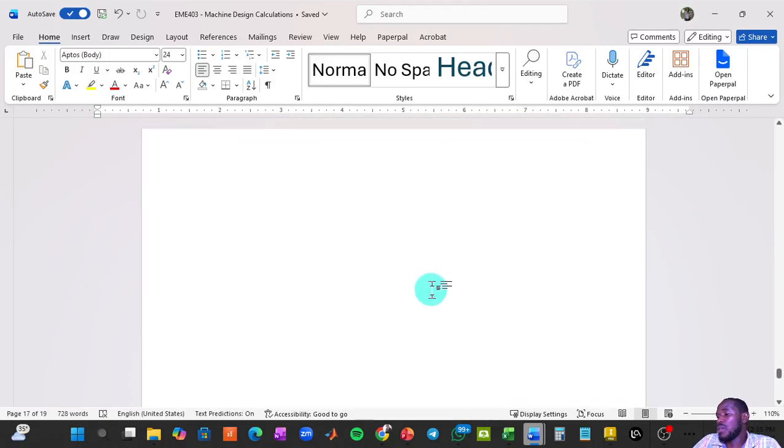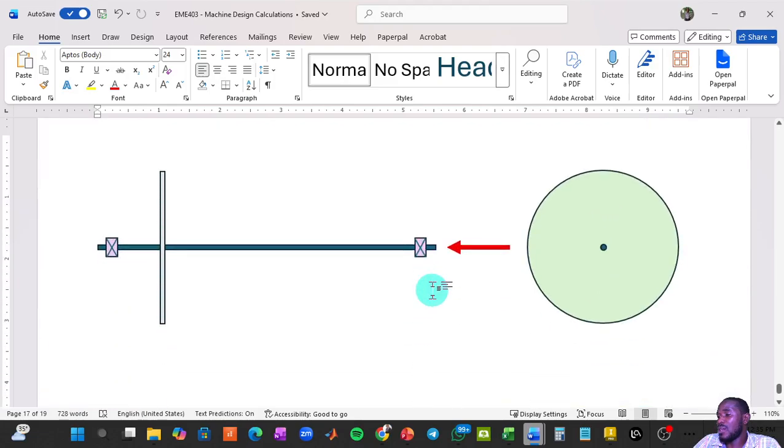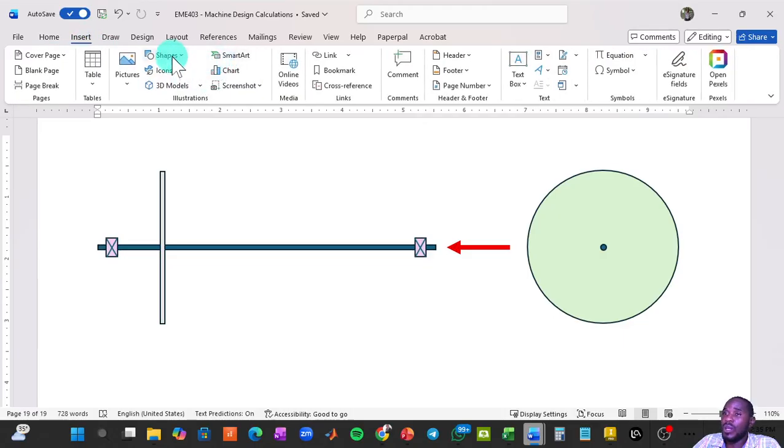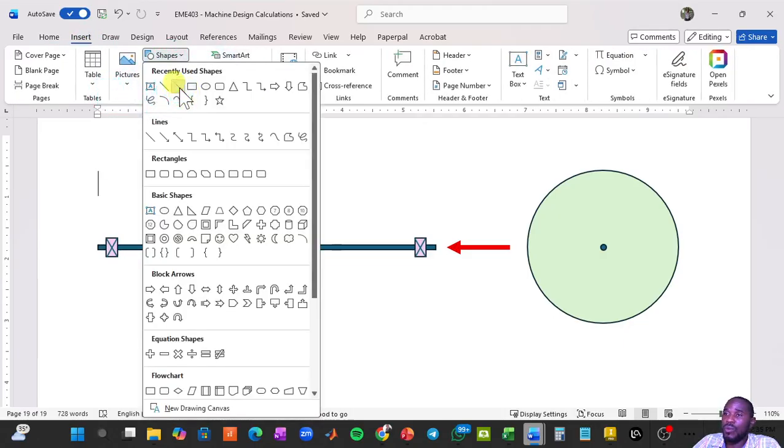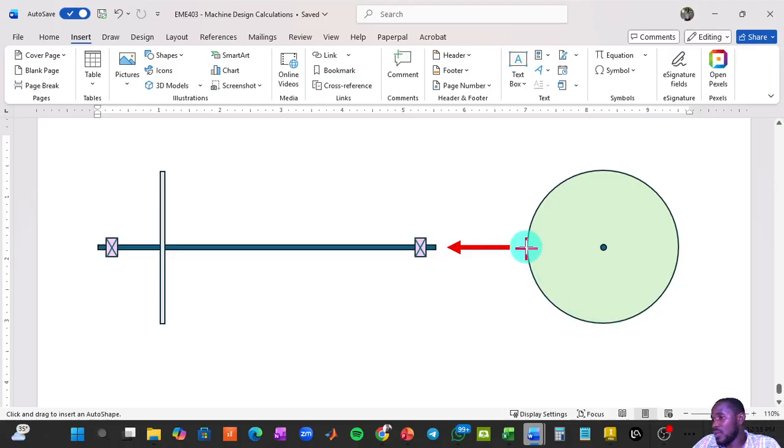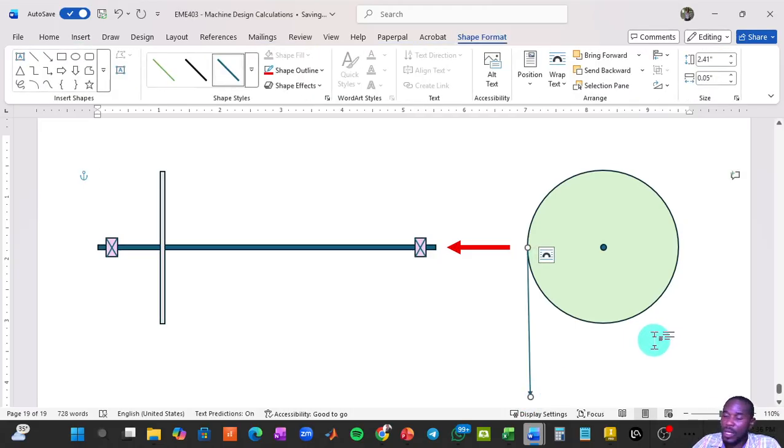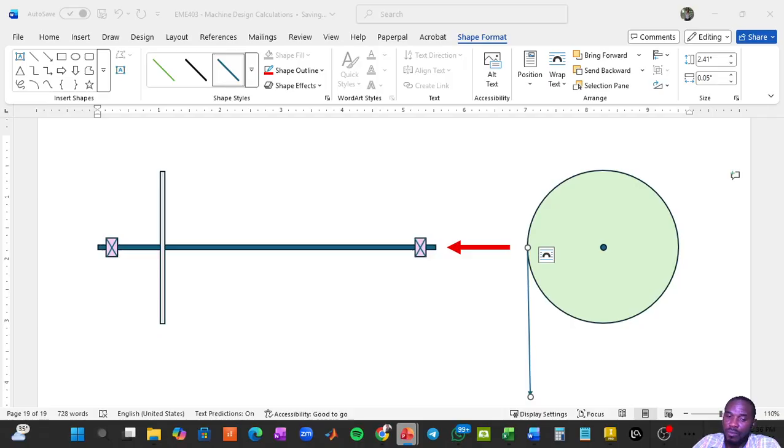So if I use arrows, this pulley is driving the belt down there. I think that arrow should have faced upwards. Give me a second. That's fine, I'll leave it that way.